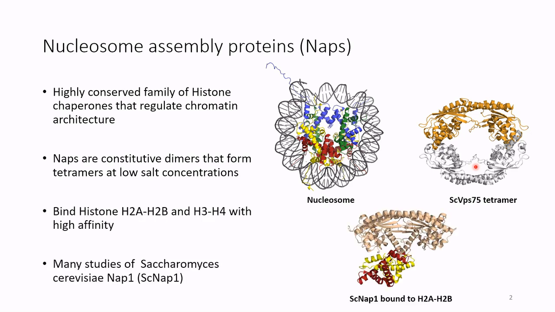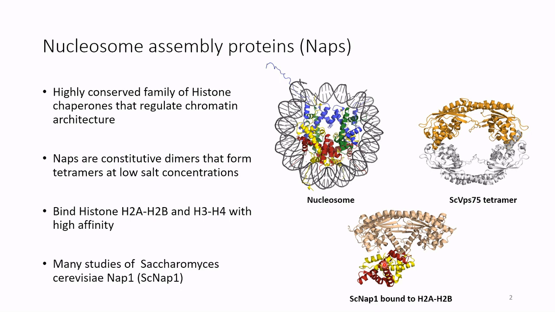So NAP proteins typically bind two different types of histones with very high affinity. One type of histone is called histone H2A-H2B, while another is called histone H3-H4, and Prit will tell you more about them later. Shown here is the crystal structure of another NAP protein from yeast, NAP1, bound to a single copy of histone H2A-H2B.